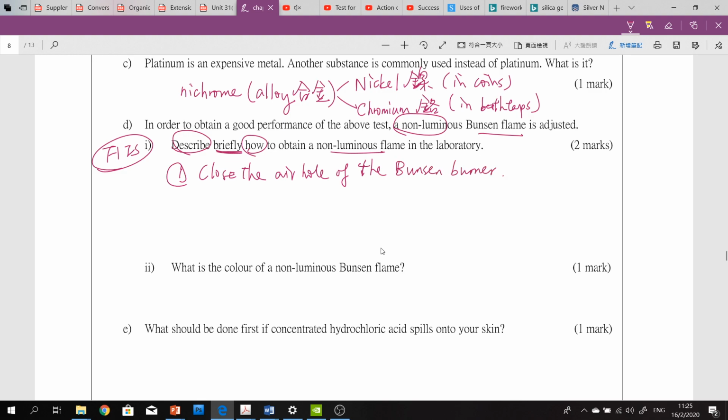And what's next? You're going to bring the fire source above the chimney of the Bunsen burner.